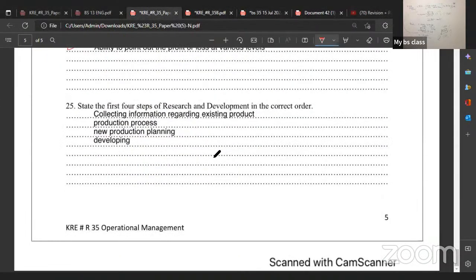Set the first steps of research and development in the correct order. Is there a process to R&D? Collecting information. Is there a process, guys? I'm not exactly sure. R&D, is there a process of R&D? Collecting information, production process, and production planning, developing. Okay.